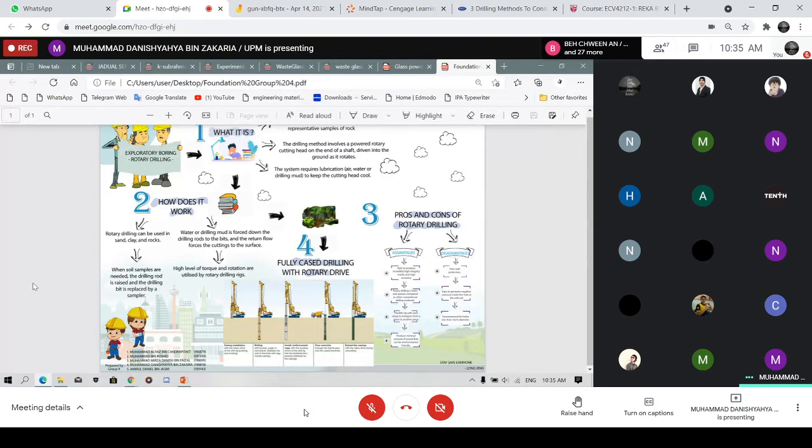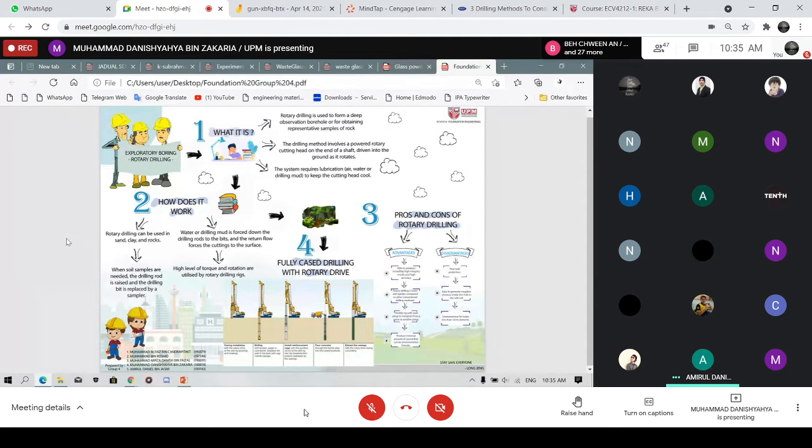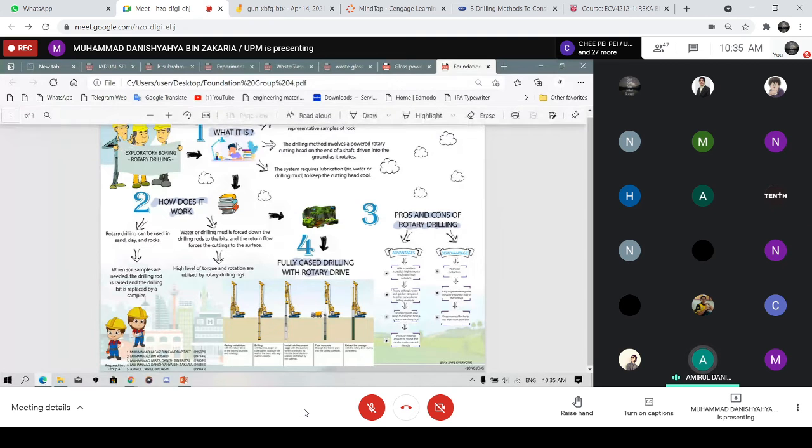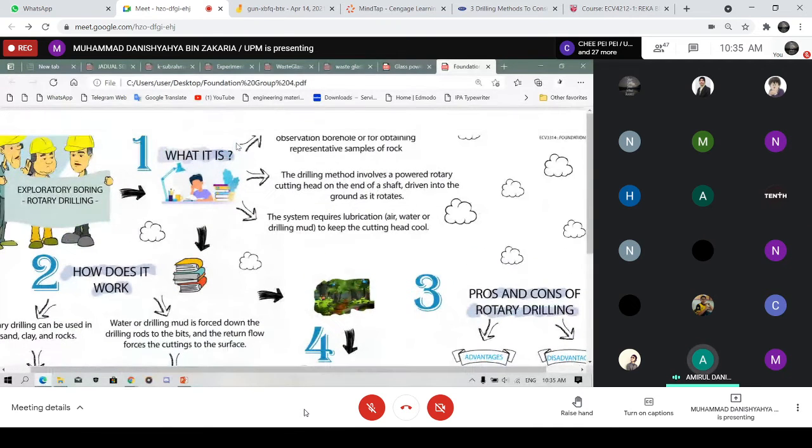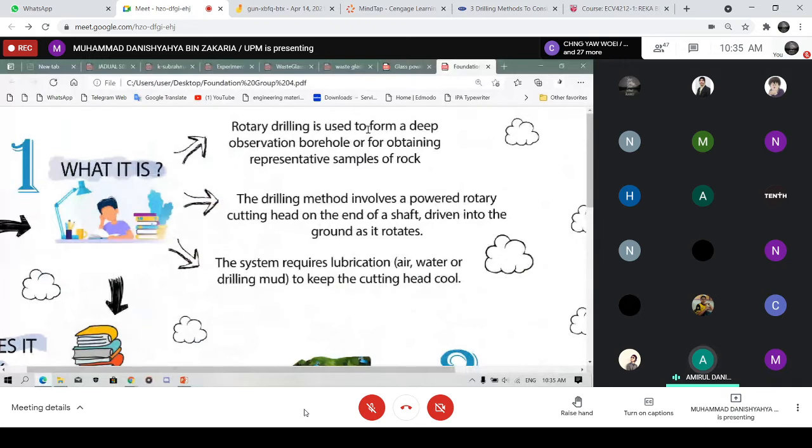Assalamualaikum and good morning, Doctor, and to all my friends. We are from Group 4. We will present about rotary drilling. My name is Amirul Daniel Benjasmi, with metric number 19143. What is rotary drilling? The function is to form a deep observation borehole and obtain representative samples of rocks.